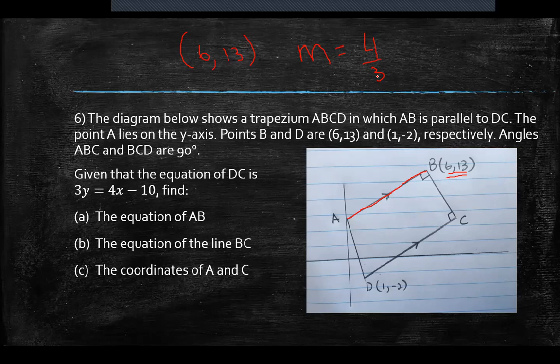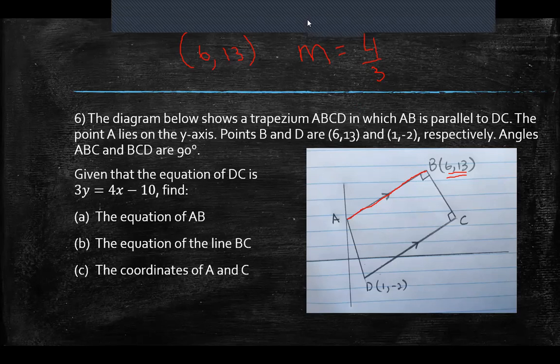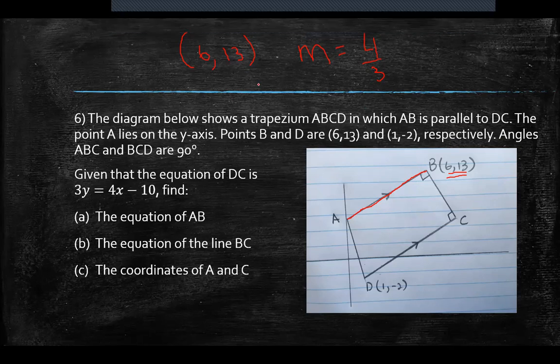People who were with me, yes. People who weren't with me, I'm not sure if you know that yet, but it's okay, Google Classroom. Do you remember how to find the equation of a line given a point and the gradient? Excuse me, can you repeat the question, please?